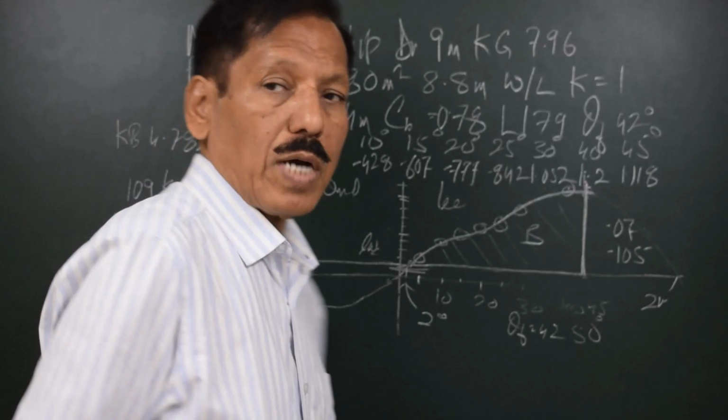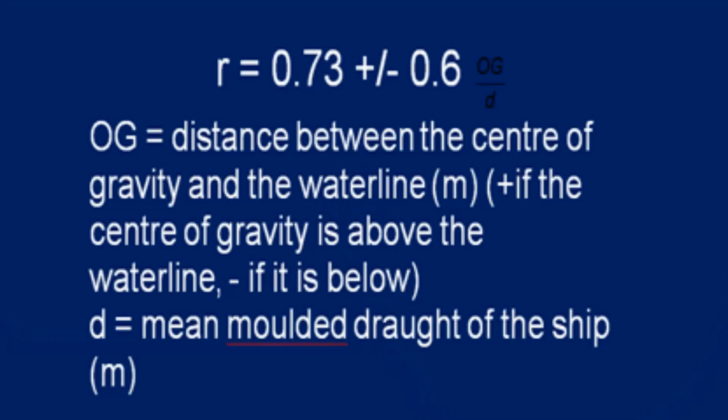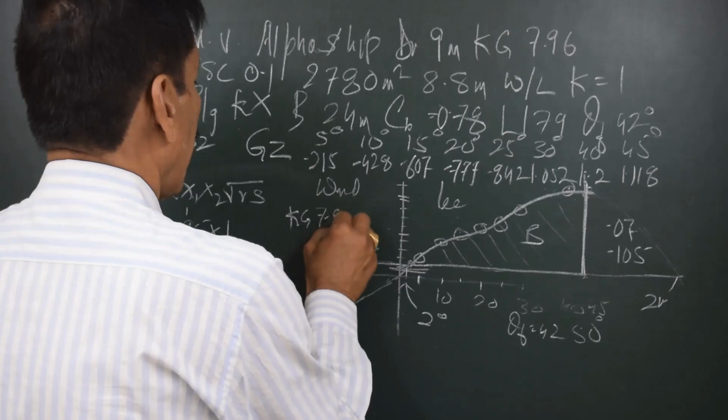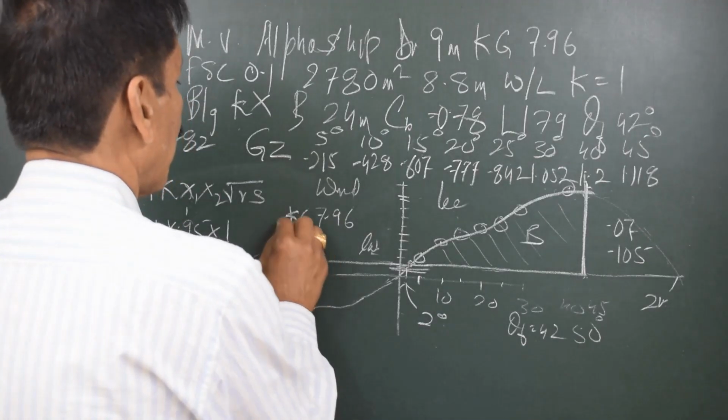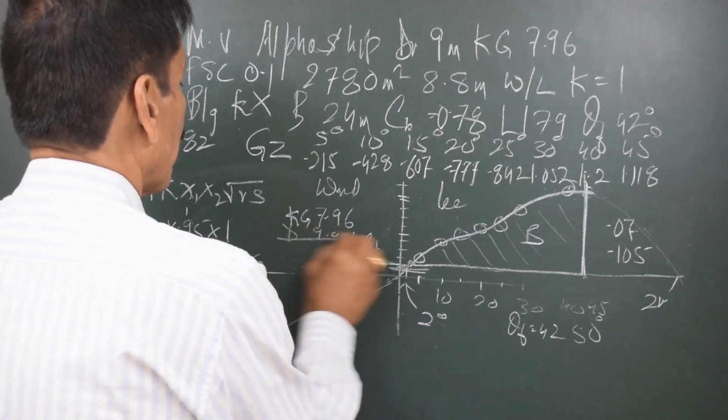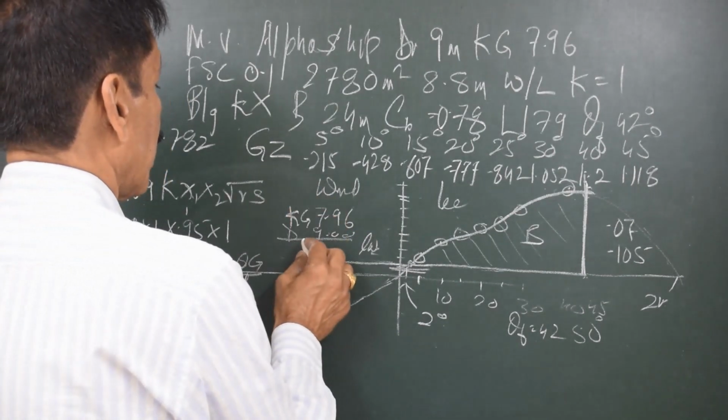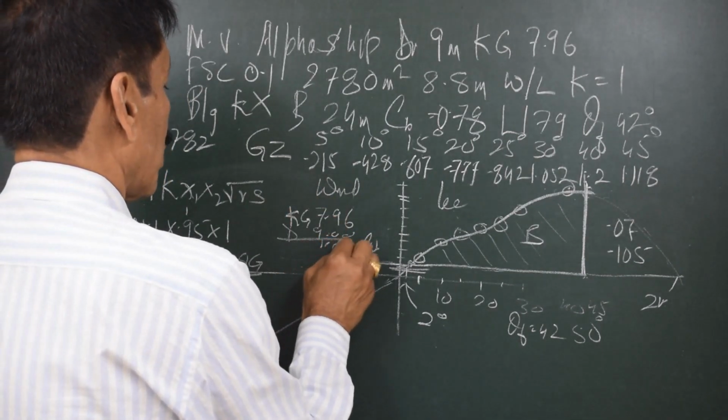Now under root RS, what is R? R is given by 0.73 plus or minus 0.6 into OG divided by draft. OG is the distance between the center of gravity and the water level. In this question KG is 7.96 meters and the draft is 9 meters. So the distance between the water level and the center of gravity is 1.04 meters.